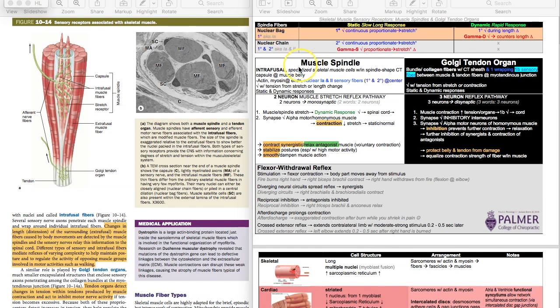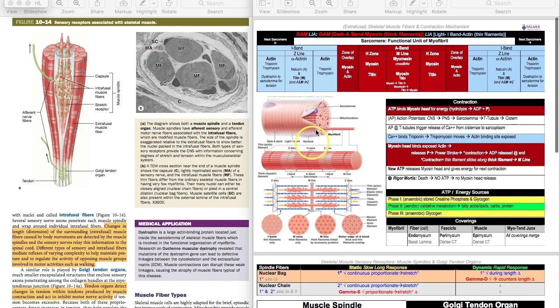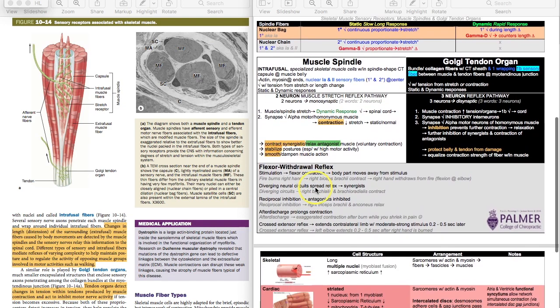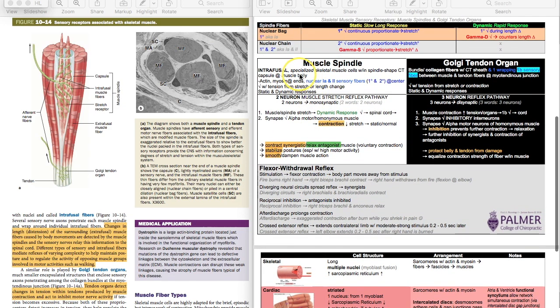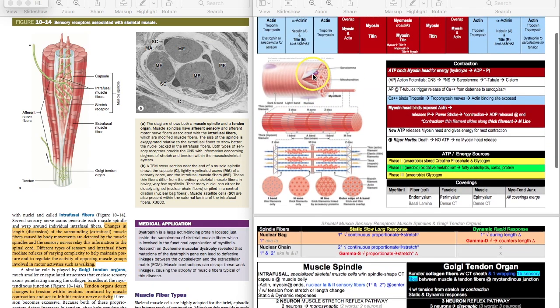Muscle spindles are classified as intrafusal. An extrafusal muscle fiber would be the type that is contractile. Intrafusal fibers are specialized skeletal muscle cells that act like receptors. They don't act like contractors.